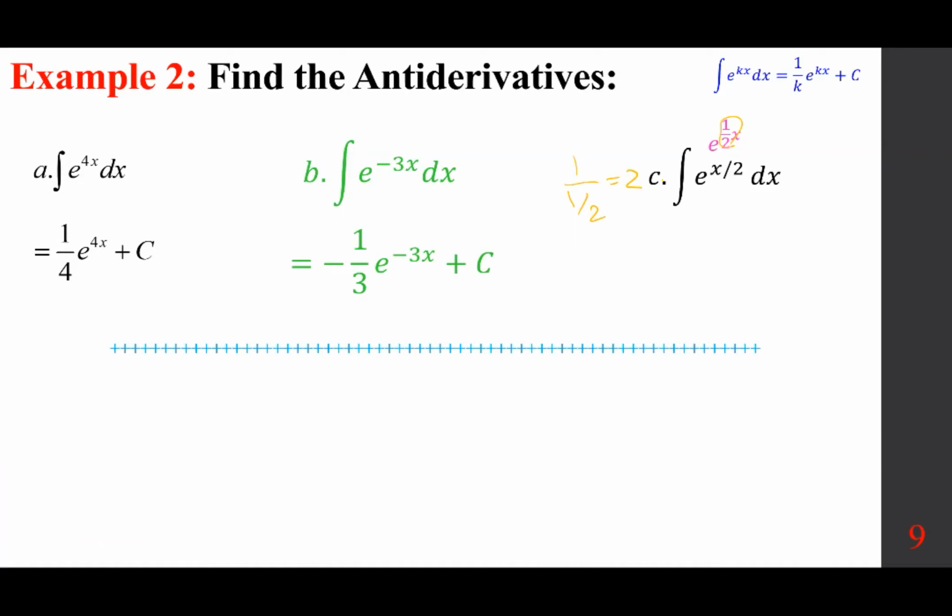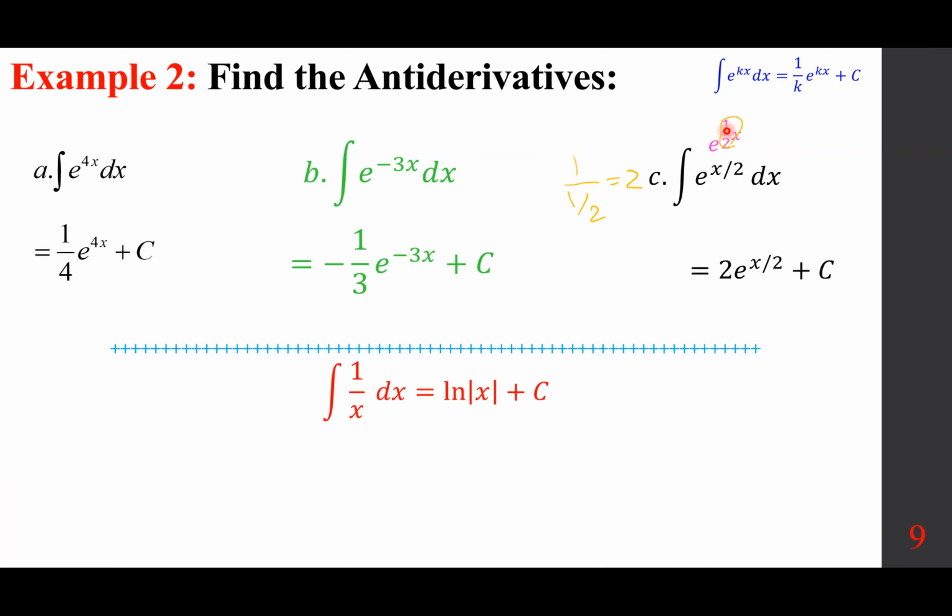Therefore, 2 e to the power of x over 2 plus a constant. So again, the reason I'm writing it in this fashion is because I want to make sure we see the exponent is half of x, which means k is 1/2. Again, if you see that, you don't have to rewrite it in that fashion.